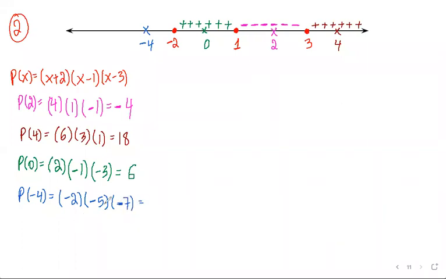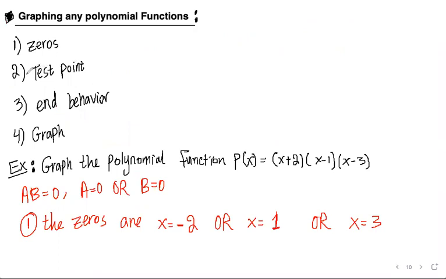So 2 times 5 is 10, 10 times 7 is 70. Negative times negative is positive, positive times negative is negative. So the sign here will be negative. This is my second step, test the point.